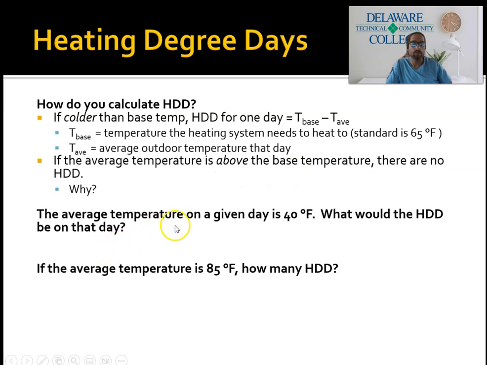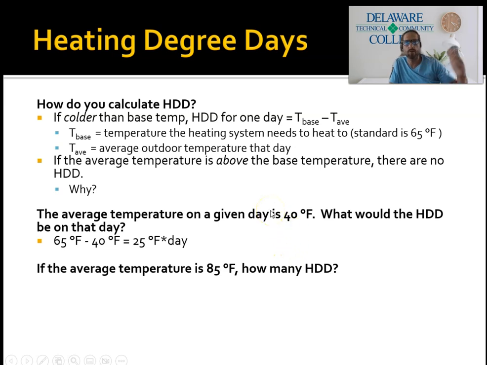So let's go over quick examples. The average temperature is a kind of chilly winter day, 40 degrees Fahrenheit outside. We're using our base temp of 65. What's the HDD that day? Remember, if it's below base temp, subtract it. So 65 minus 40 is 25. That's it. So there's 25 HDD on this day. It's really that simple.